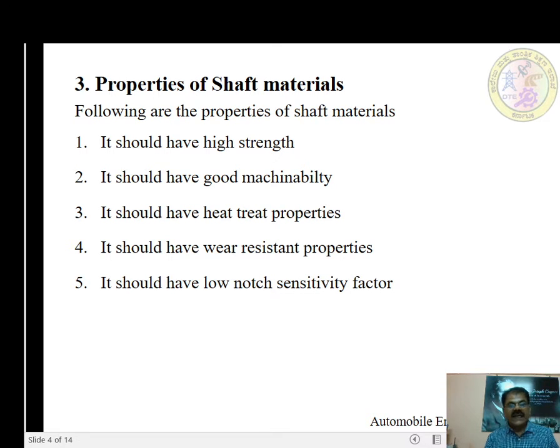It should have heat treatment properties, wear resistant properties, and lastly it should have a low notch sensitivity factor. So these are the 5 properties of the shaft.